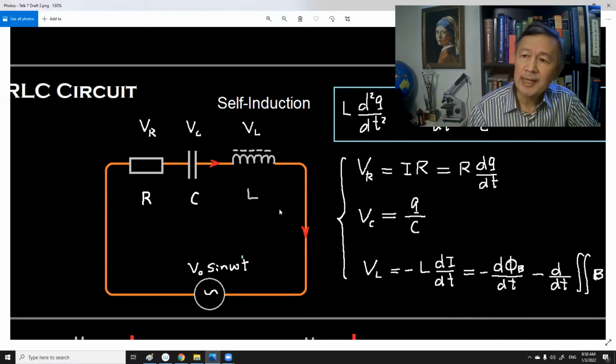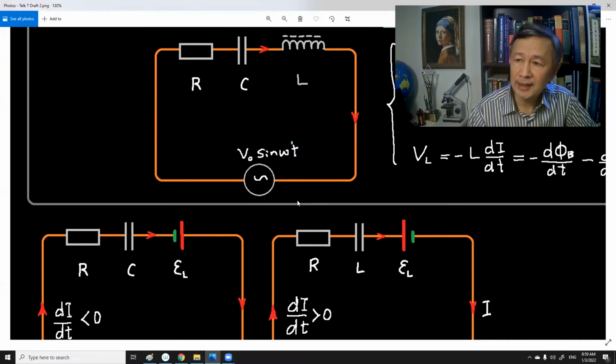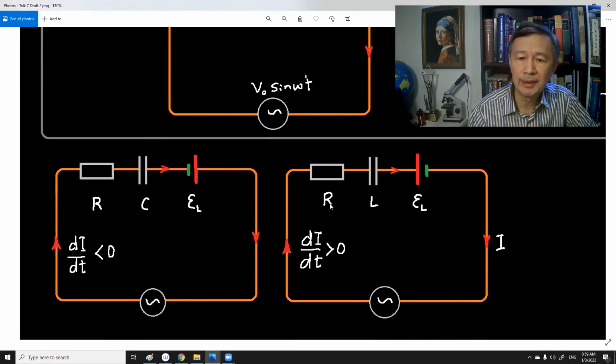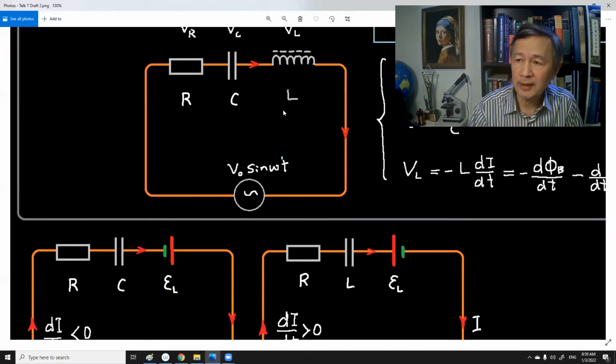Of course, to understand this RLC circuit, we can simplify it into two distinct equivalent circuits. Namely, when the current is decreased in the circuit, we can replace the inductor by this battery.